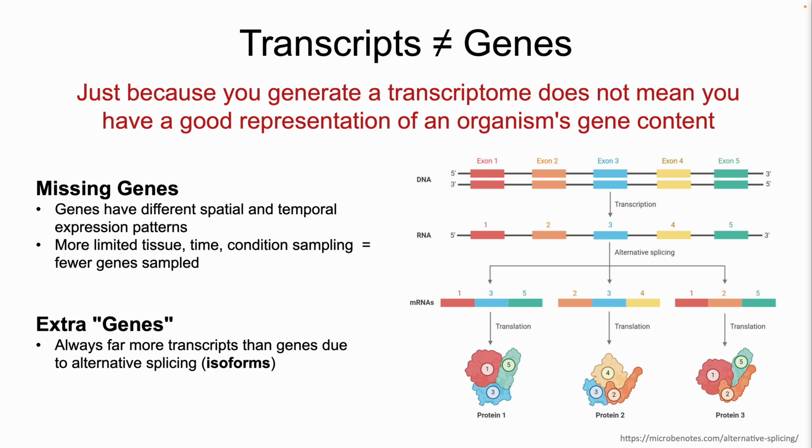Just as a thought experiment, I only sampled first day larvae of my insect. I don't know, because I don't have a reference genome with an annotation, that this is a gene that has 5 exons in it. In my Trinity output, I only get the first transcript example here and the last transcript example there.